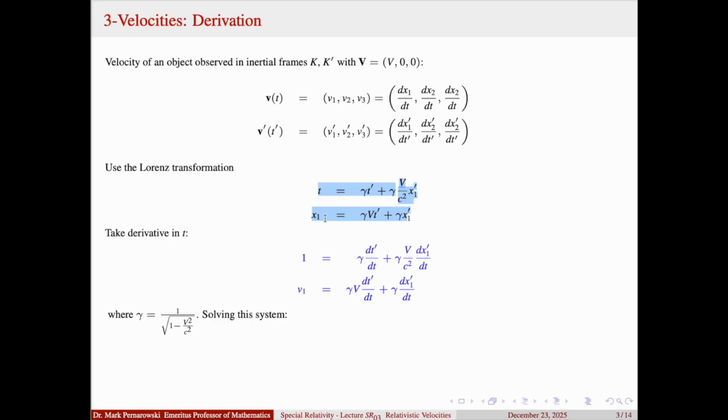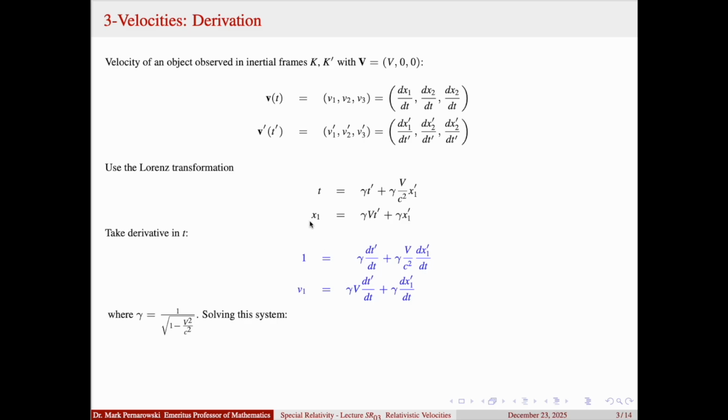The same with taking the time derivative of x1. So let's take the first equation. If I take the time derivative of this first equation, I get this first blue equation below. The time derivative of t with respect to t is 1, and then dt prime dt, I don't know what that is, but it's something. And dx1 prime dt is also something.